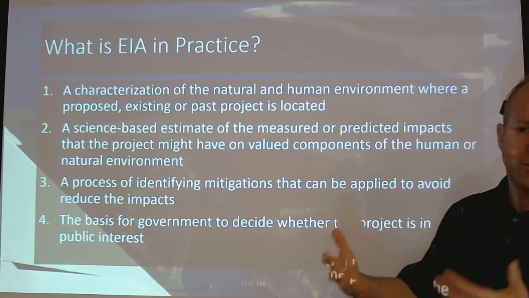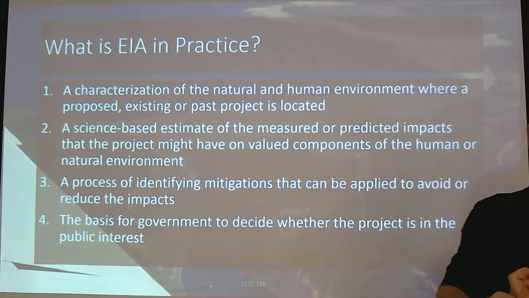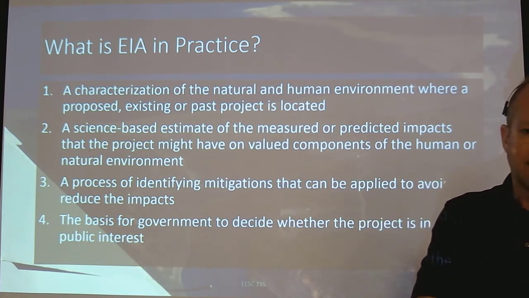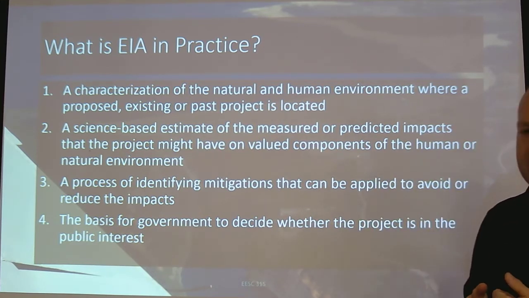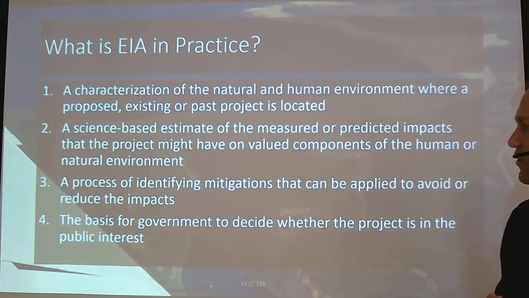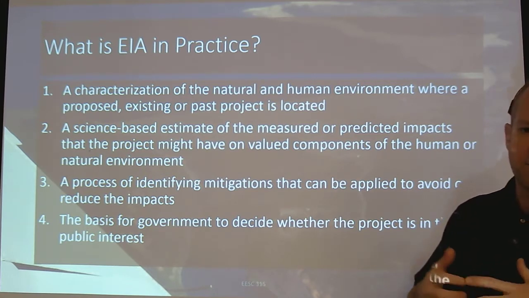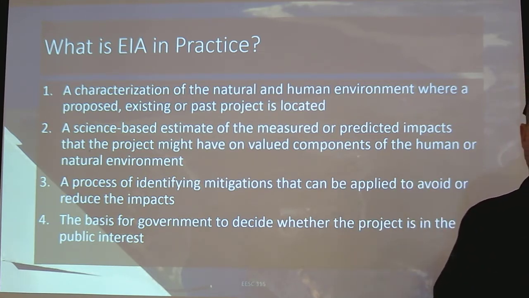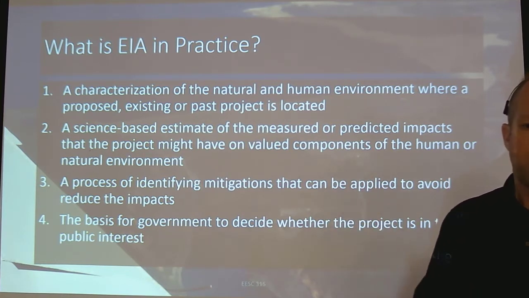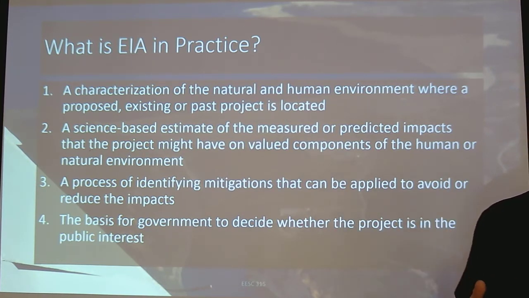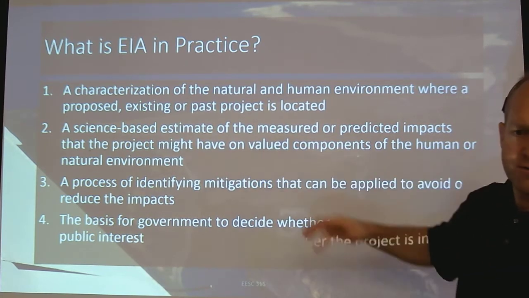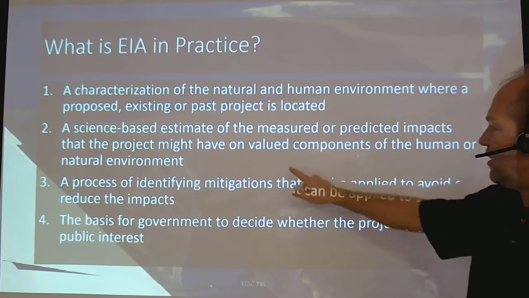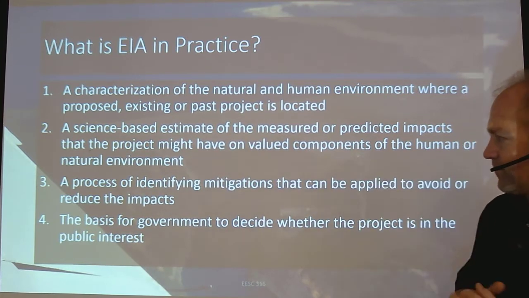So although we can't measure clean air, we can measure particulate matter, we can measure lead, ambient concentrations, we can measure different indicators that can tell us, is that clean air? And again, we don't exactly measure a moose, but we can measure the abundance of moose, we can measure their habitat, we can measure specific things that can lead us to an assessment of whether the project will have an adverse effect on that specific valued component.